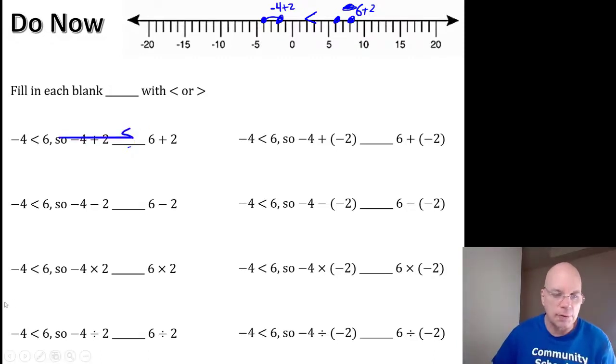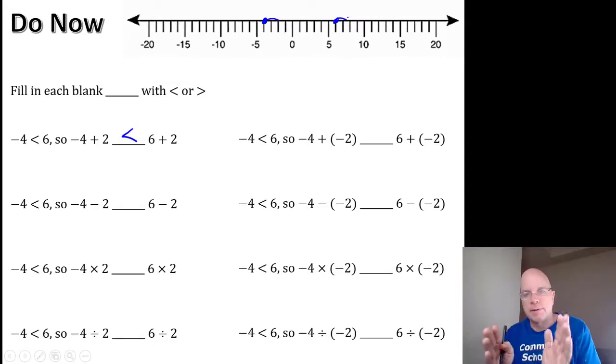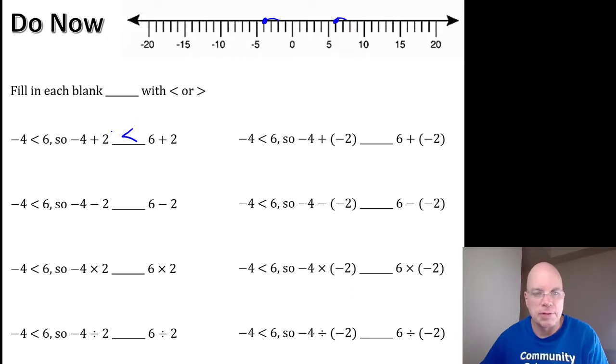The thing that I would show you in class that's not easy to show you here is that if I have -4 and I'm comparing it to +6, if I add 2 to each of them, they both just shift 2 forward on the number line, but this number is still less than this number.